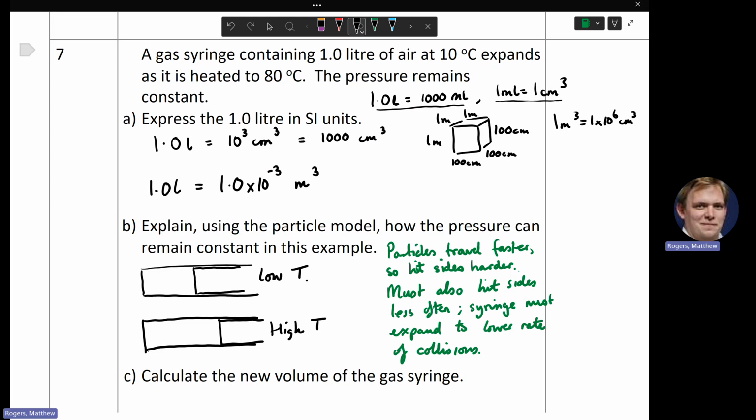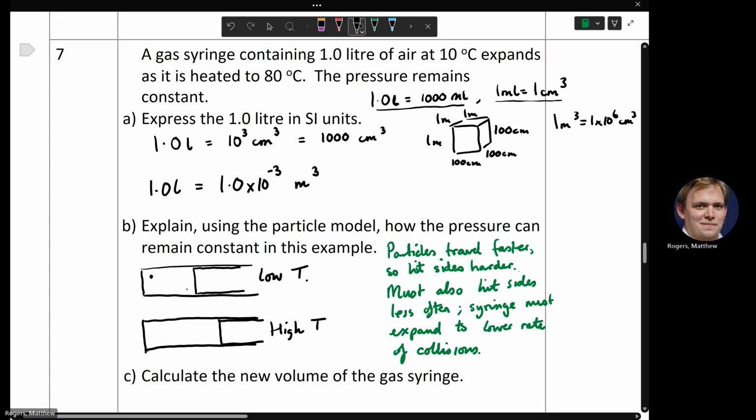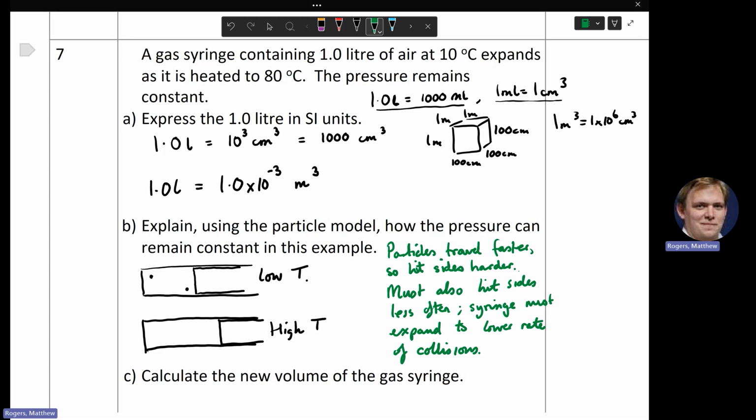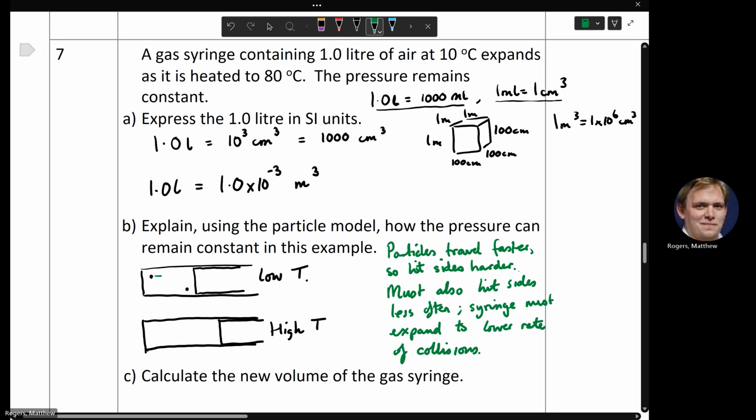So if I draw in two particles, I'm going to make sure that in my first one, they hit the sides quite often by having one that does this and one that does something like this. There we are. So in my first picture, we've got this one hitting the sides 1, 2, 3 times, this one hitting twice.